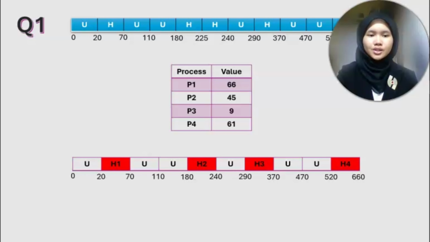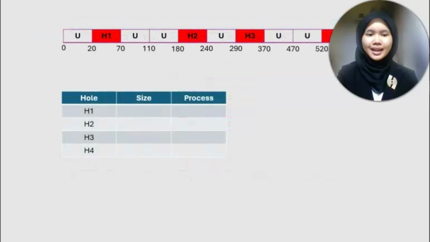Here, the memory blocks are evaluated based on their size to determine the available holes. The four memory holes are labeled H1, H2, H3, and H4. The sizes of these holes are calculated as follows.